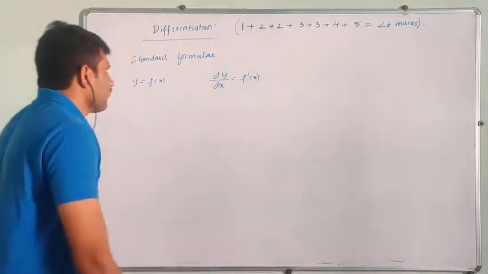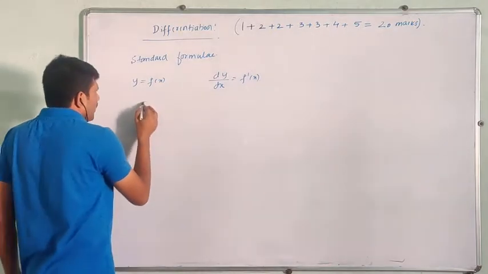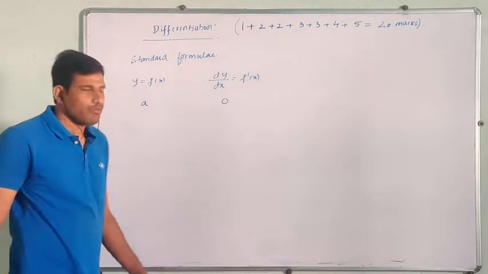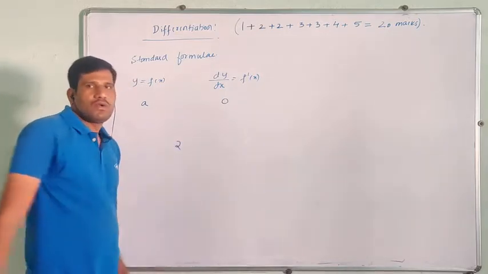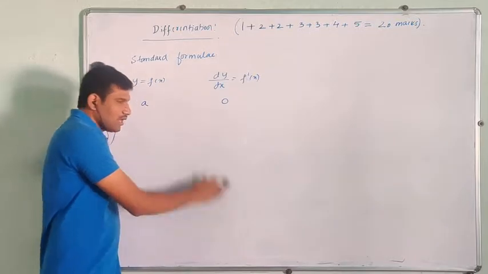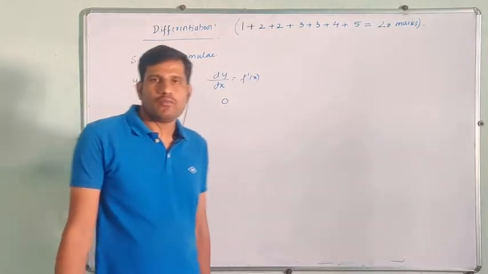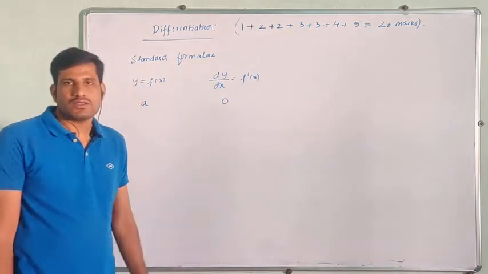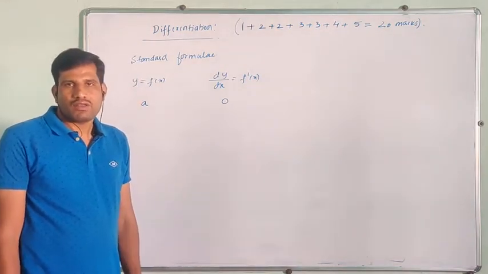We can represent it in any form. First, the derivative of any constant is 0. For example, the derivative of 2, 3, 10, 100, 1000 or -5 is 0.